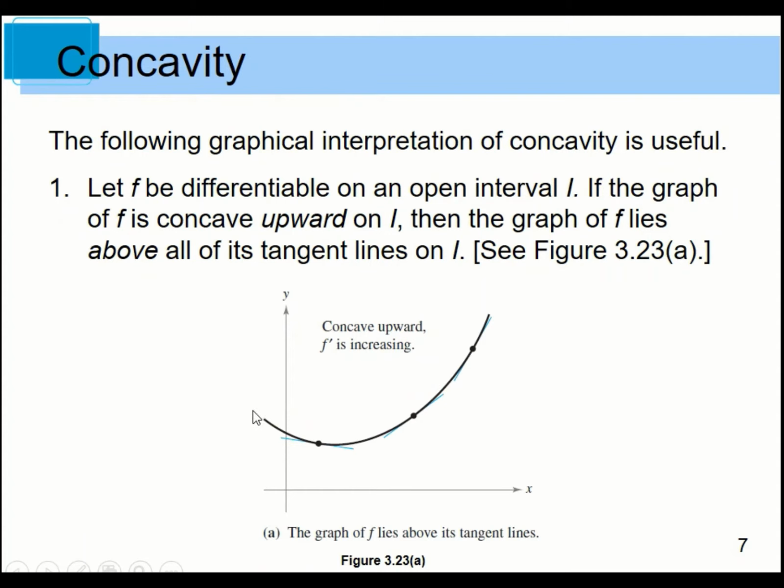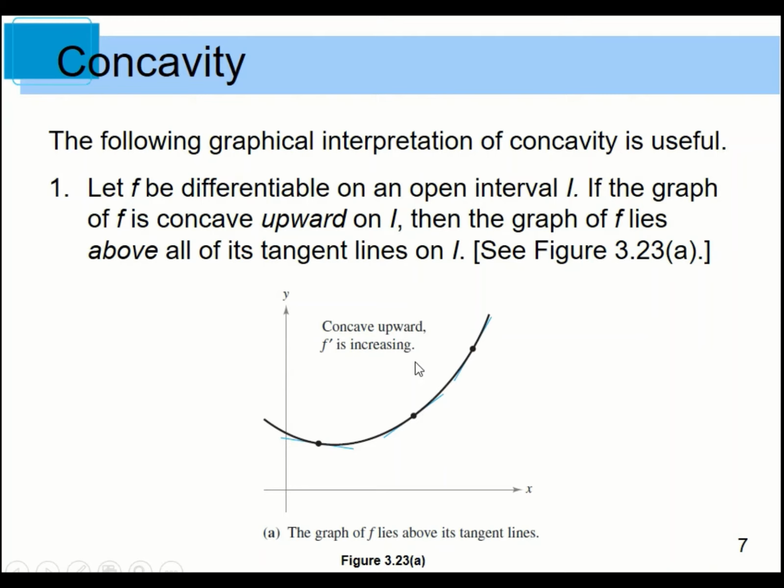When we have a graph like this, we say this is concave upward. We can see here the graph is going from negative slope to positive slope. In this case, we say that f prime is increasing. The first derivative is increasing.